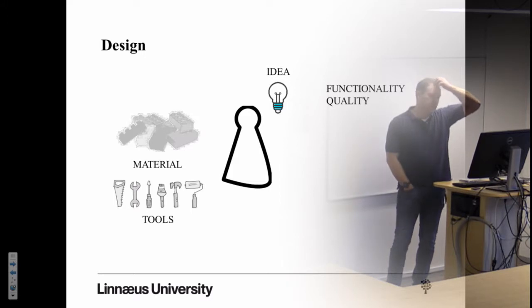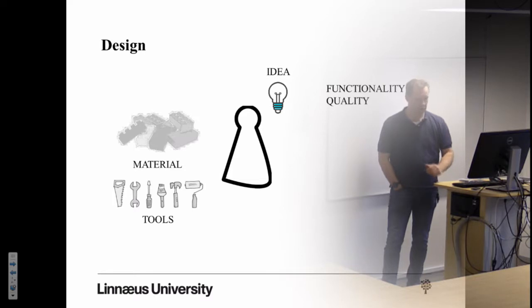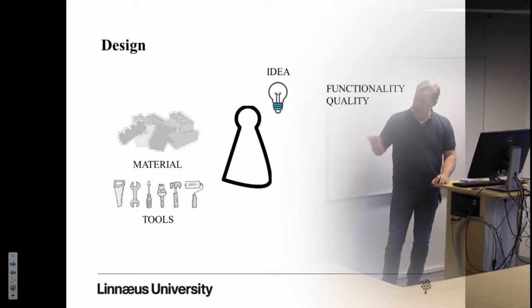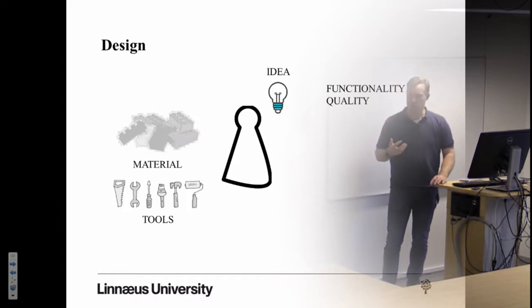So again, we can return to this house analogy that we talked a little bit about last time, where we had different views. We had for the plumber, for the electrician, for the floor plans, for the carpenters, and so on. We can use the same analogy here to explain a little bit more what we mean by this architecture design. Well, if you're going to build a house using a wooden frame, or if it's a concrete frame, or if it's a steel frame, that's the material.